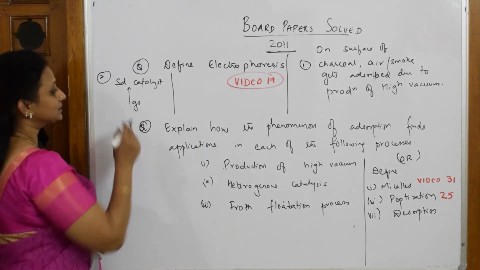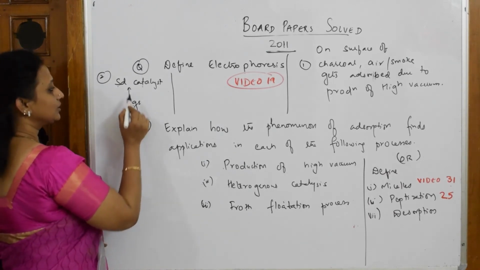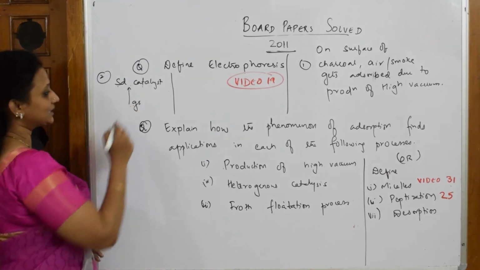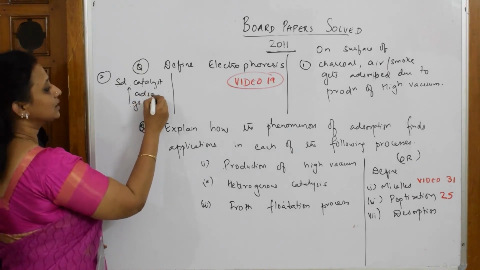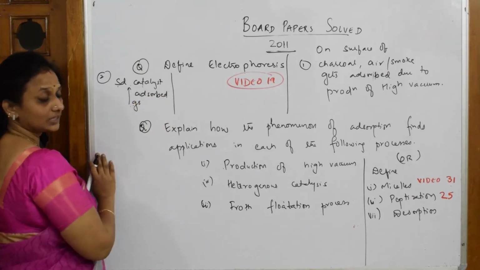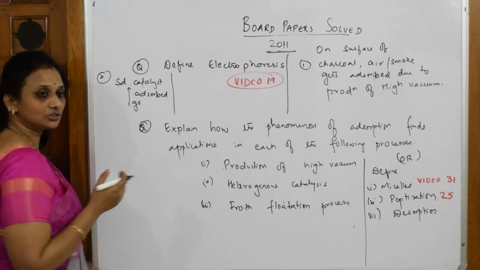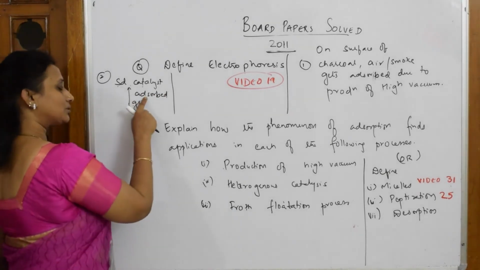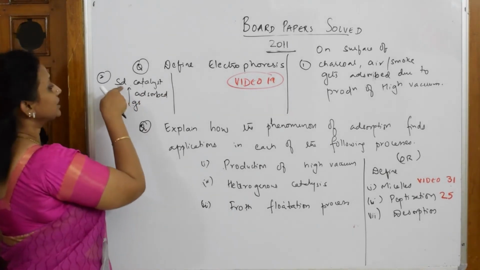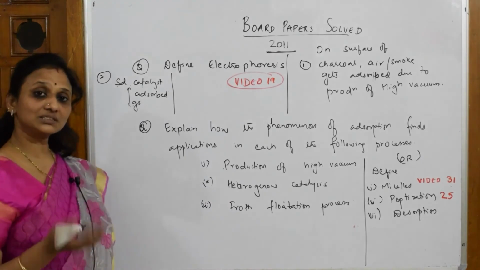So in heterogeneous catalyst, when you take the gas and allow it on the surface of a solid catalyst, what will happen? It will get adsorbed. When it gets adsorbed, what concept are you speaking about? You're speaking about adsorption, and about heterogeneous catalyst also. What is the conclusion?